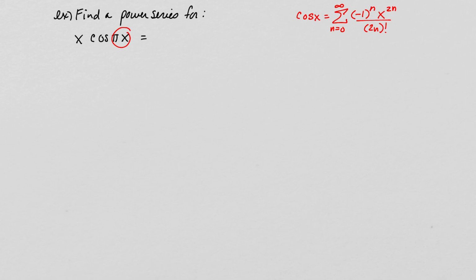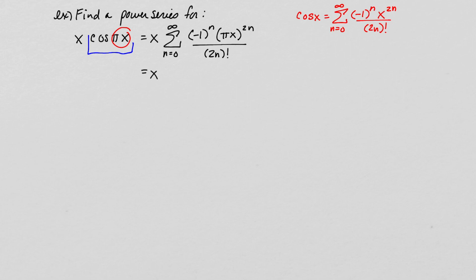So we're going to write the series representation for the cosine of pi x. We're still going to have an x out in front for that original x, and then the cosine of pi x is going to be the summation n equals 0 to infinity of negative 1 to the n, and then instead of an x, we have a pi x. So we're going to have pi x to the 2n over 2n factorial.